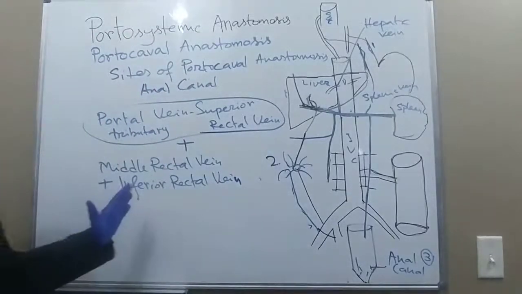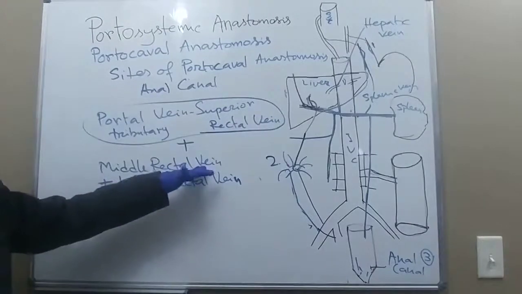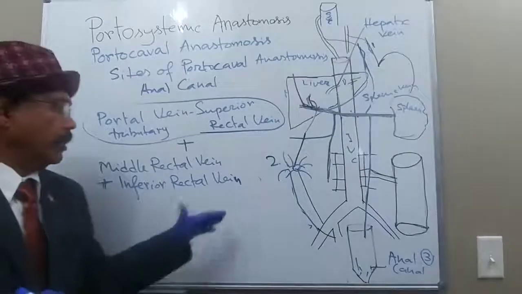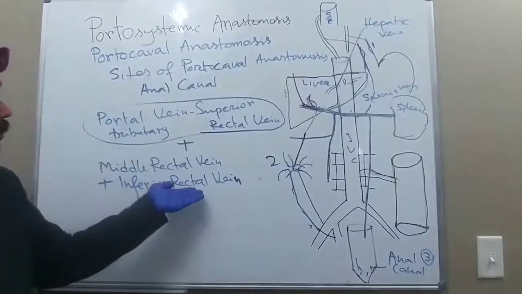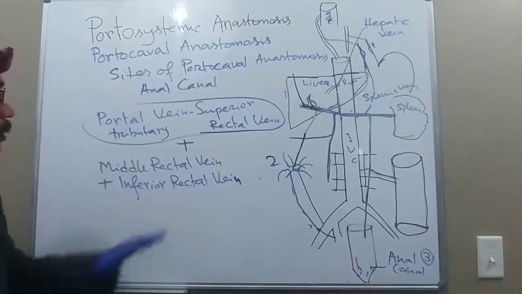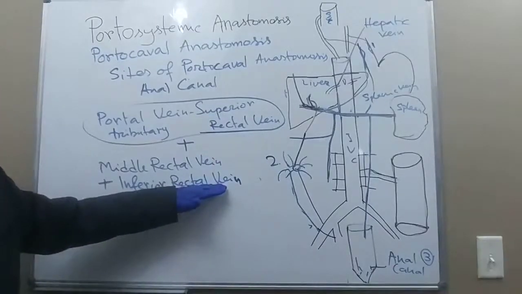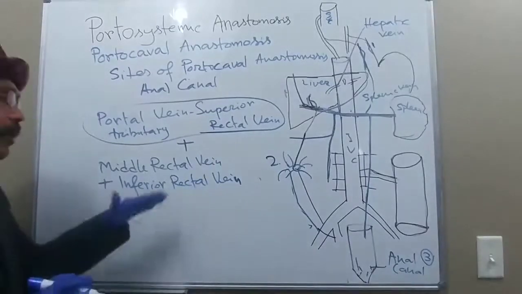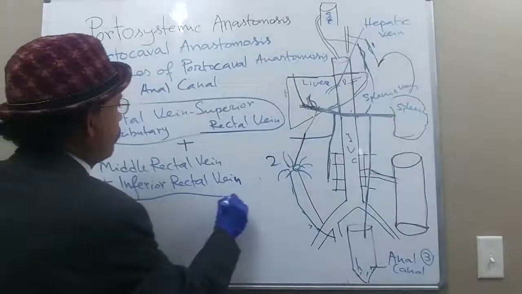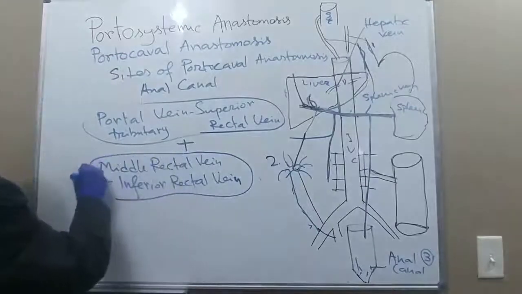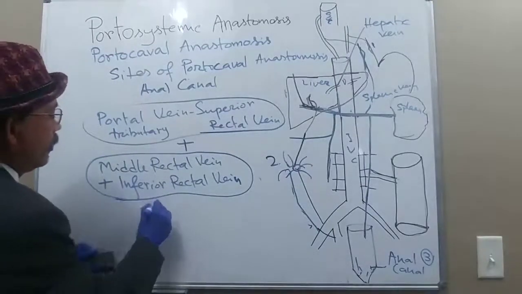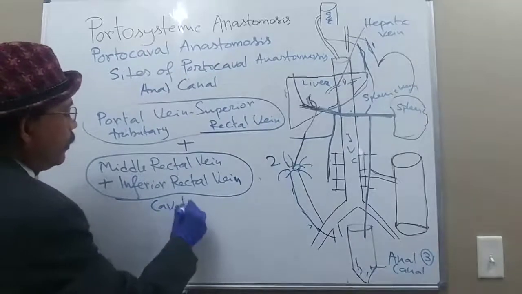So the middle rectal vein is a tributary of the internal iliac vein. The inferior rectal vein is also a tributary of the caval or systemic circulation, of the internal pudendal vein. So these are the systemic veins.